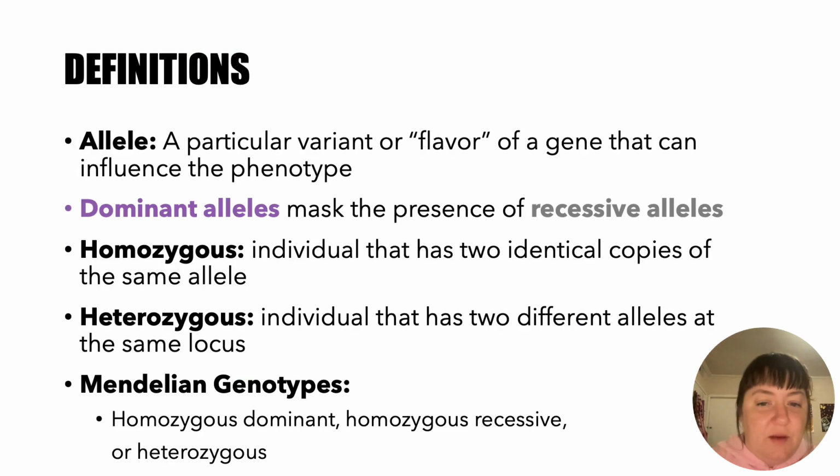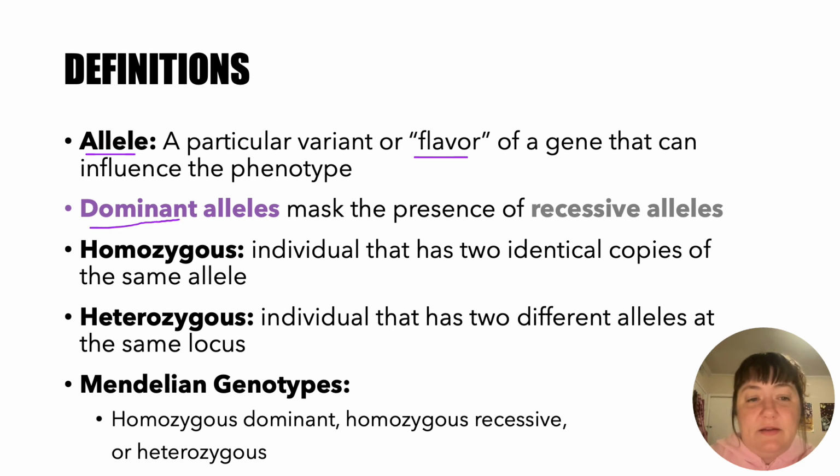All right, and here are a couple useful definitions for understanding Mendelian genetics. The first one is allele, and you can think of that as a particular variant of a gene, or different flavors of the gene that can influence the phenotype. Like the purple allele and the white allele lead to the purple and white flower phenotype.